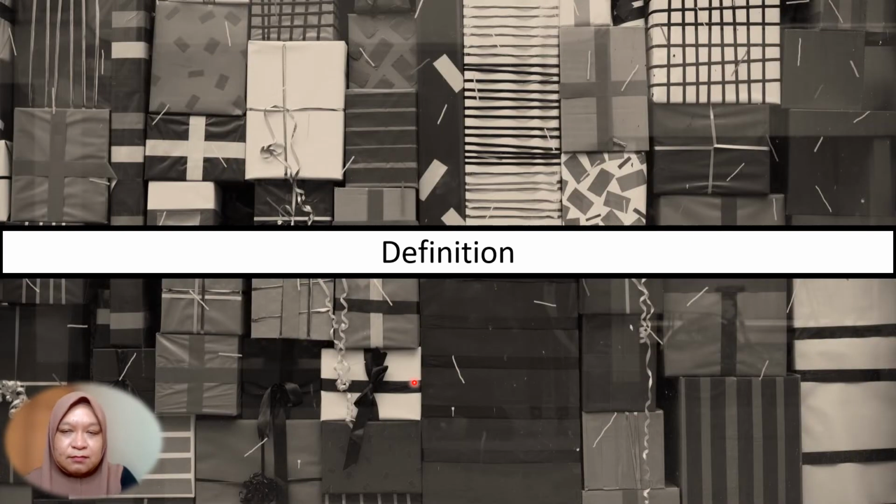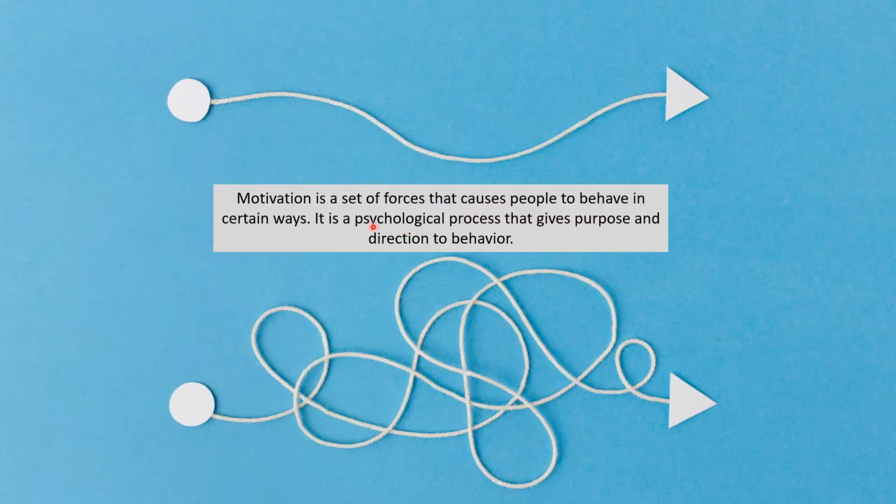Okay. So first, let's see the definitions of motivation. Motivation is a set of forces that causes people to behave in certain ways. It is a psychological process that gives purpose and direction to behavior. So we can say that motivation is a force where it will push a person in a certain direction to achieve certain goals or certain targets of that individual.